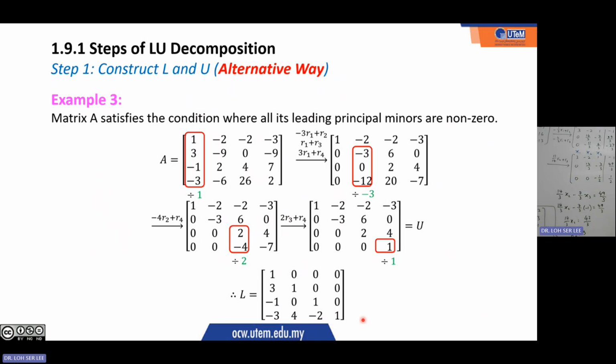You are free to choose any method to decompose A into L and U. However, your matrix A must satisfy the conditions where all leading principal minors are non-zero.